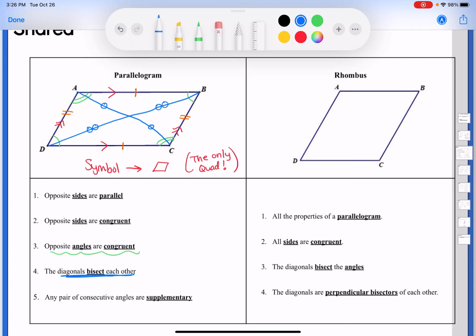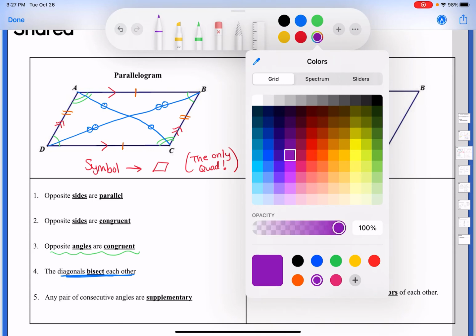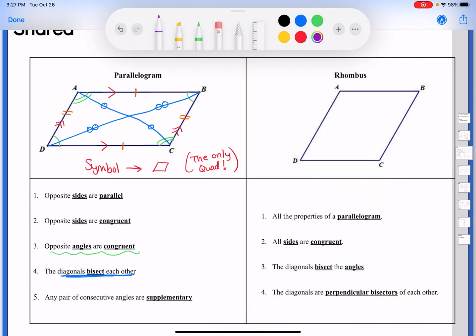And again, we could go through whole proofs of these, using our congruent sides and all of that. And I promise I'll show you some tomorrow, but for right now, there's just too many to all do in this one class period. The last one says any pair of consecutive angles are supplementary. So that means big angle D here is supplementary to angle A. So those original two angles would be supplementary.